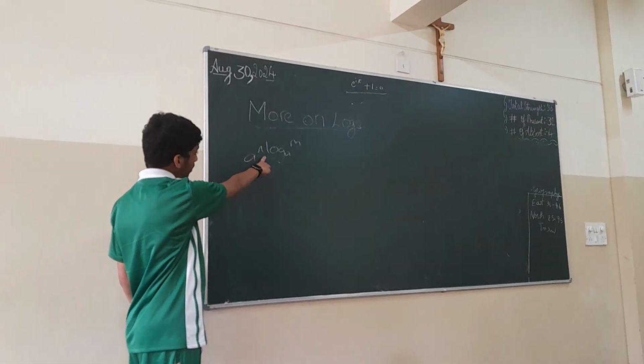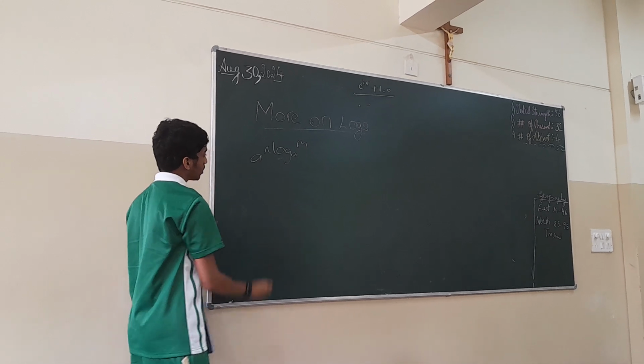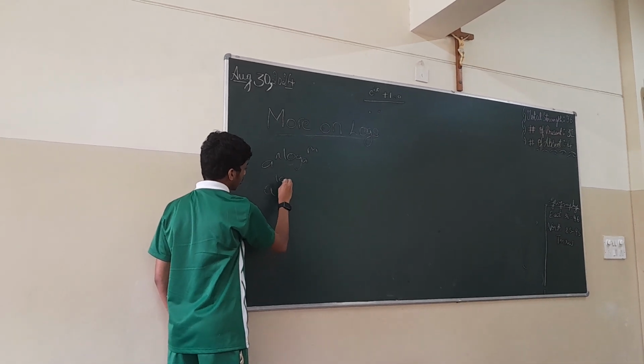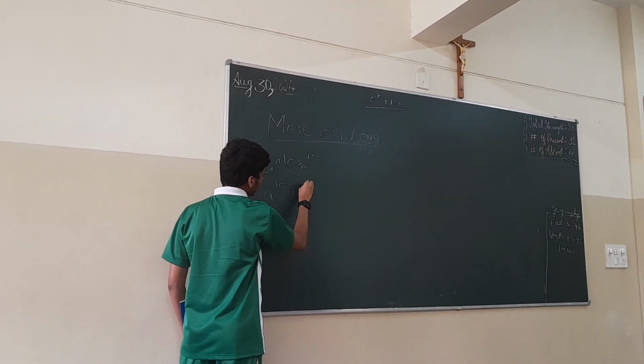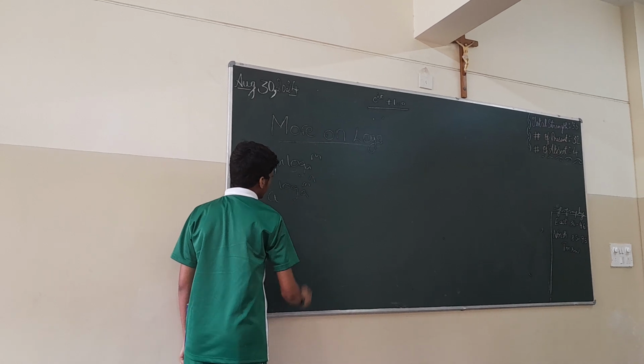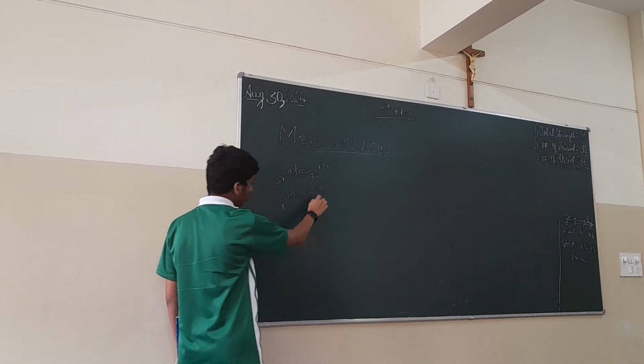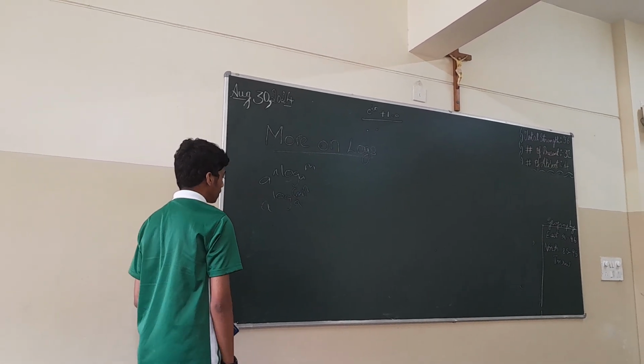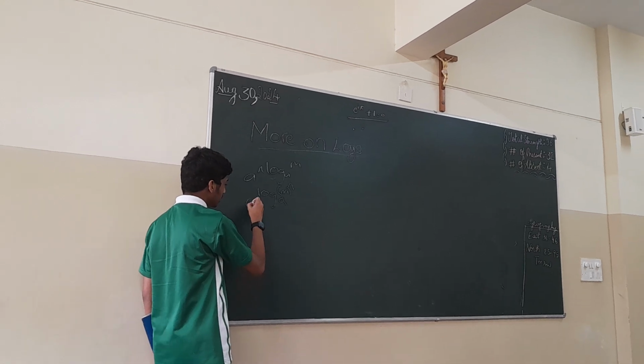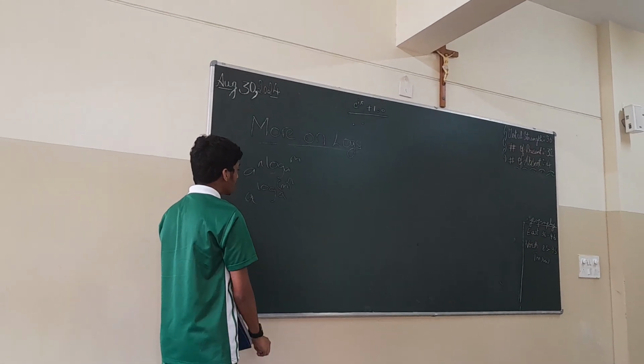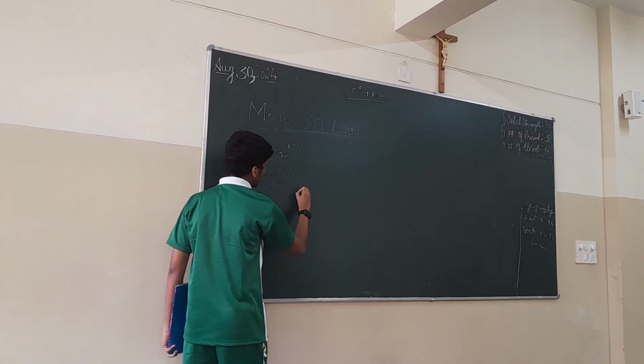What can this be written as? First, substitute: a raised to log m raised to n to the base a. This is your power law. Let's say a raised to log m raised to n to the base a is equal to x.